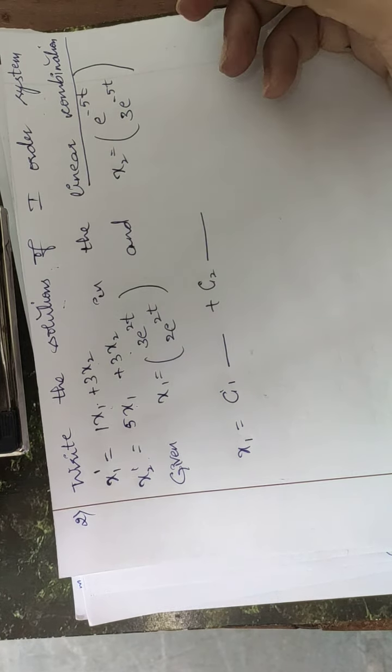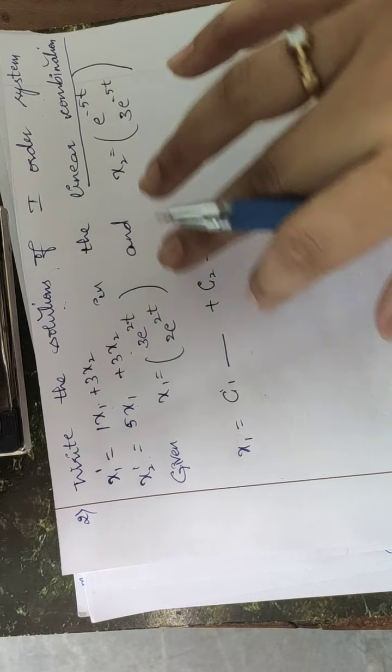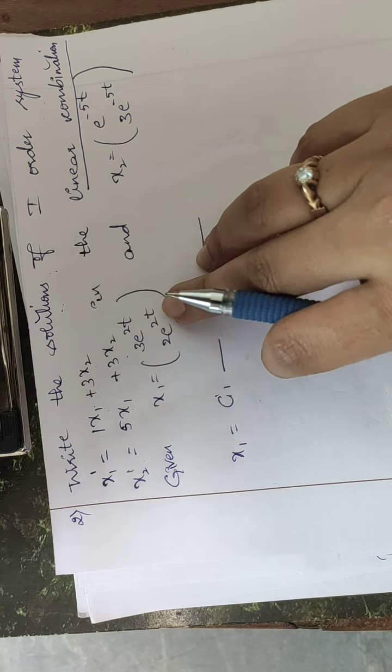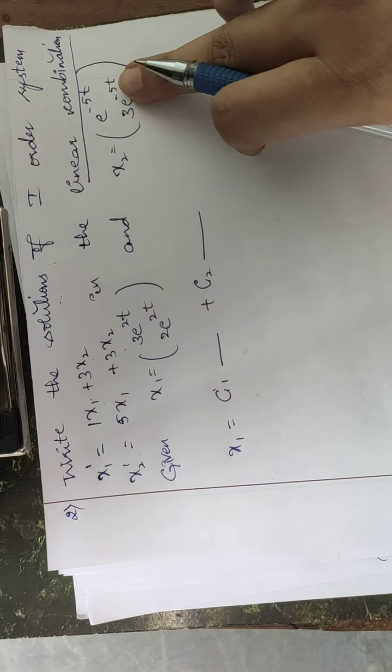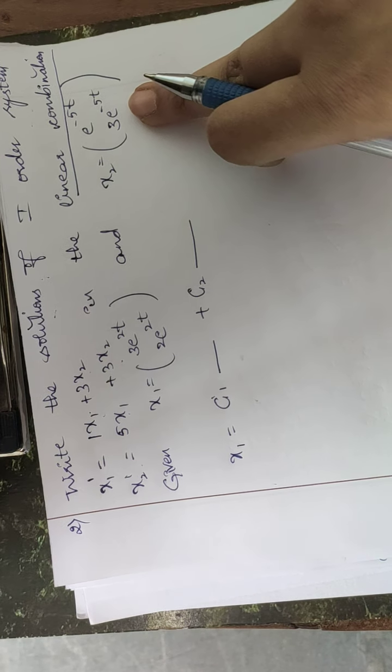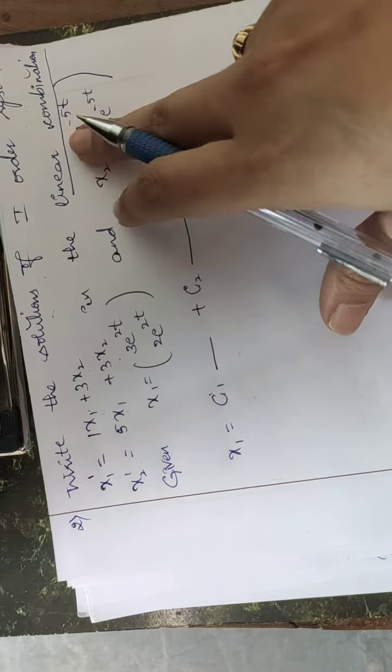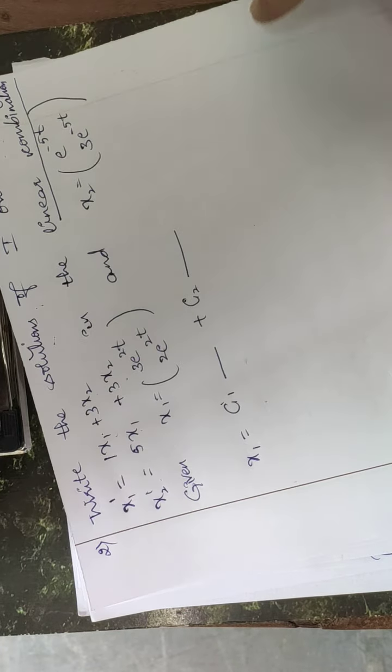This is nothing but your linear combination, right? So given x1 is [3e^(2t); 2e^(2t)], and x2 is [e^(-5t); 3e^(-5t)]. Using this, I have to write the solution in linear combination form.